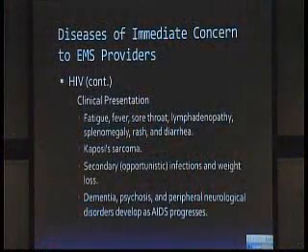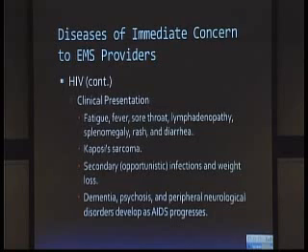And then you get the chronic acquired immunodeficiency syndrome, where you get these secondary opportunistic infections, you get the weight loss, and then later on you get the dementia, psychosis, peripheral neurological disorders. And these are much, much more rare than they used to be, because this is essentially managed as a chronic disease now.